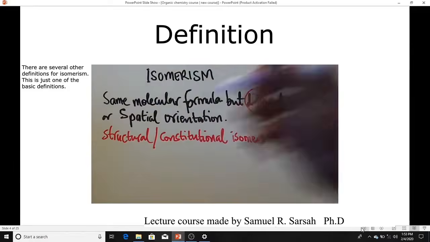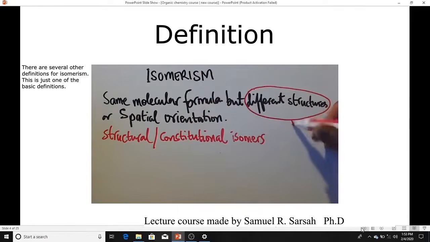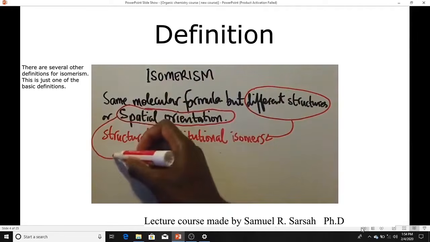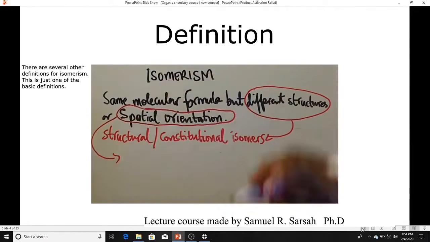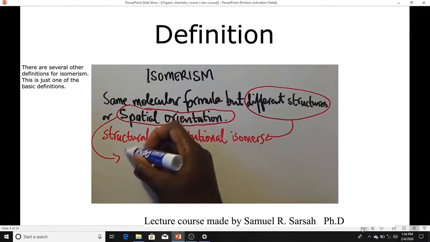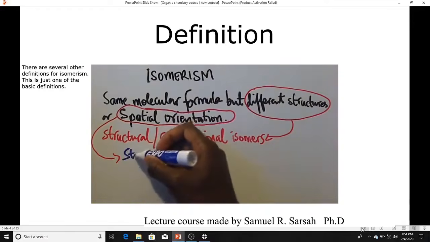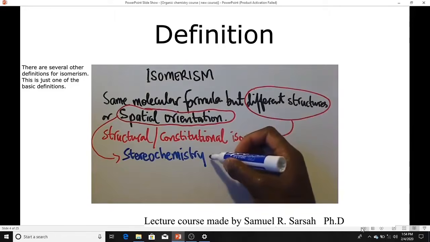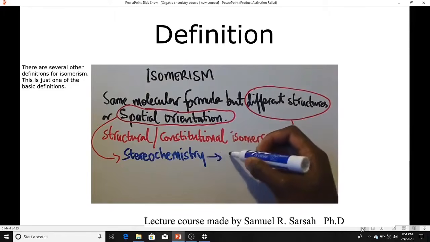Or spatial orientation: the same structural formula but arranged differently in space. So this gives rise to what we call, and over here certainly we're talking about stereoisomers.